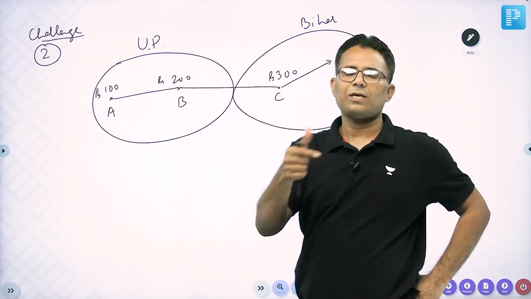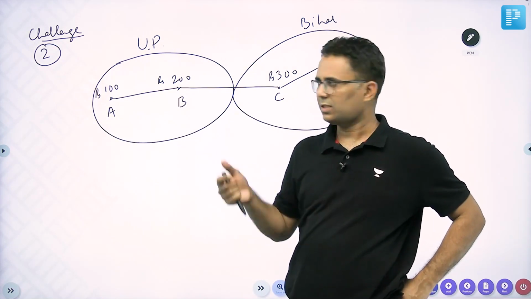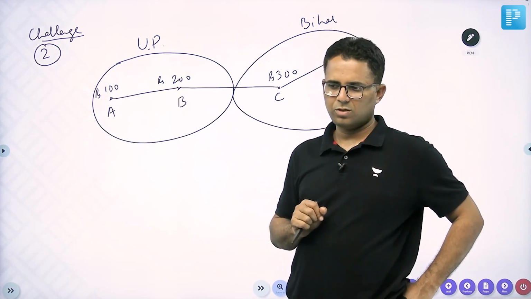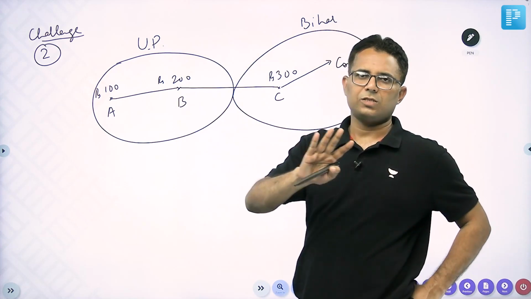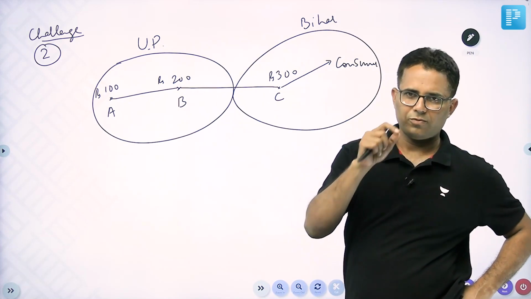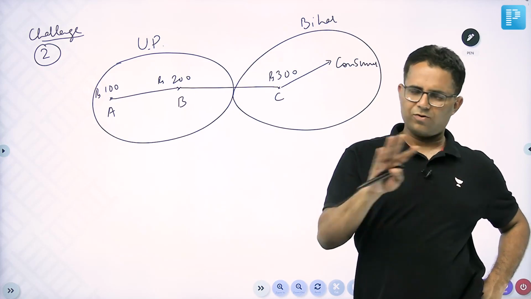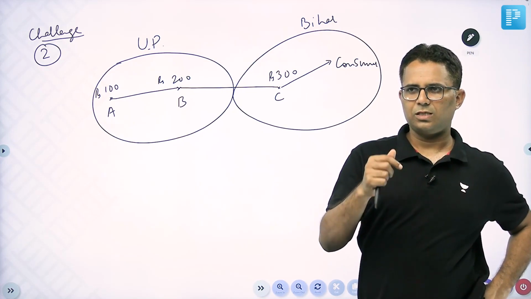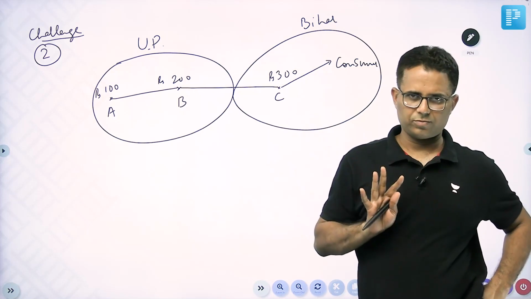So certain taxes I am ignoring, so that you get a feel of what the challenge was. I am assuming all the central taxes are 0%, just for simplicity, to focus on that particular challenge; even if they are there, it will not make any difference.